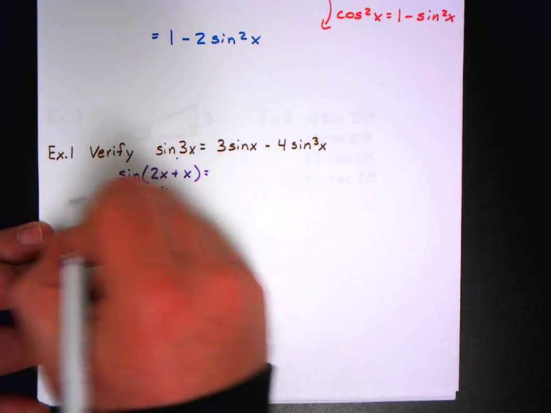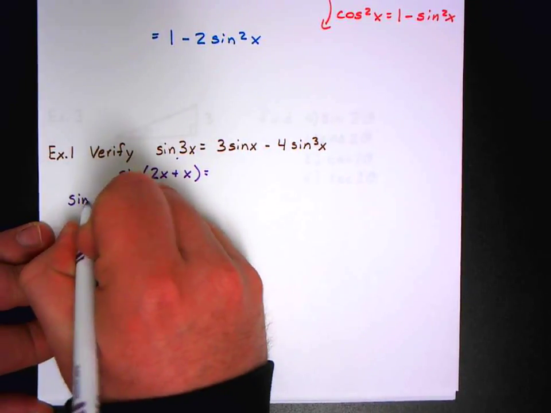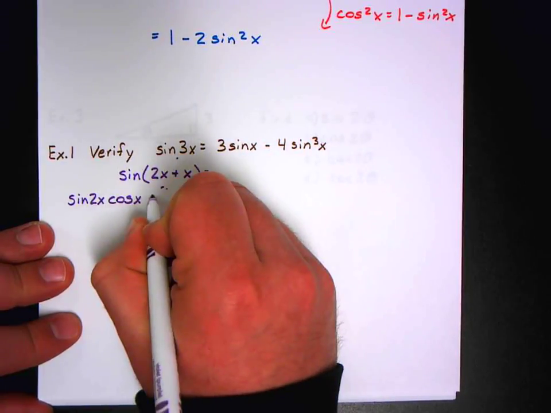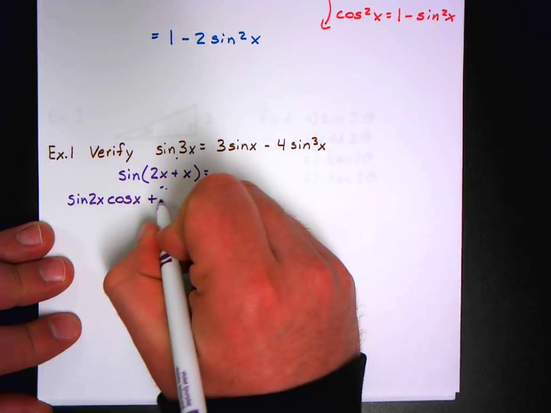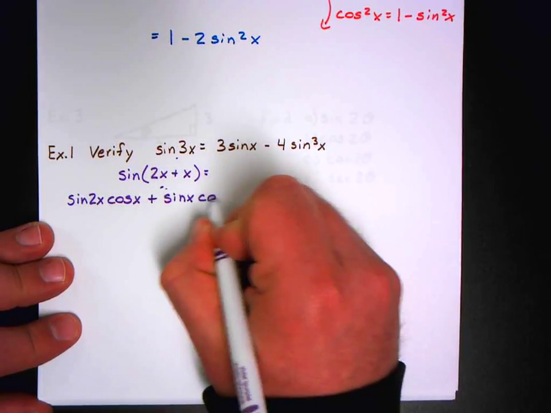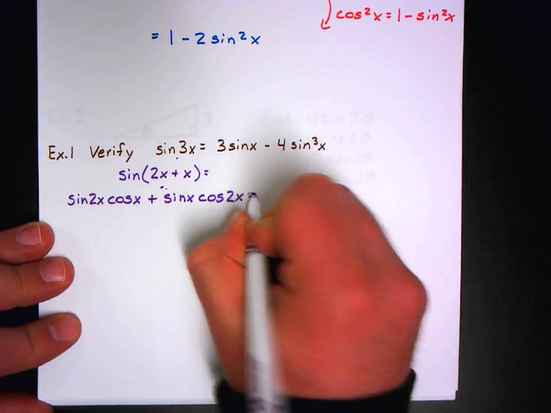So according to my sum formula, this is sine 2x cosine x plus sine x cosine 2x.